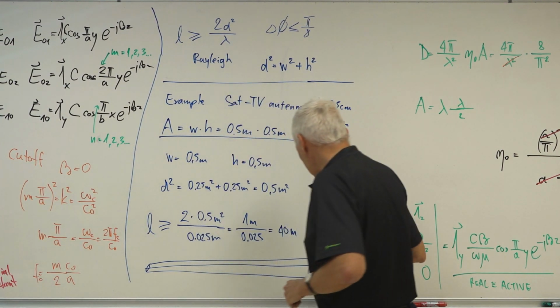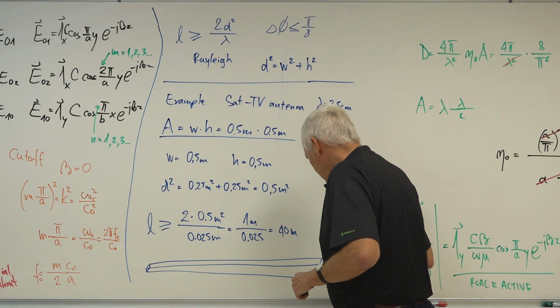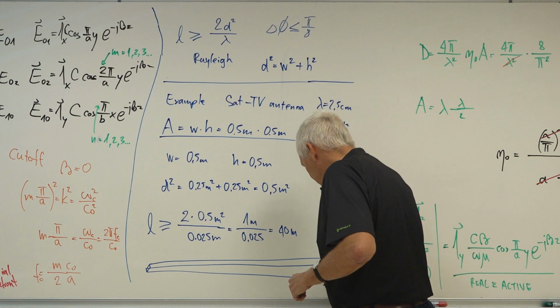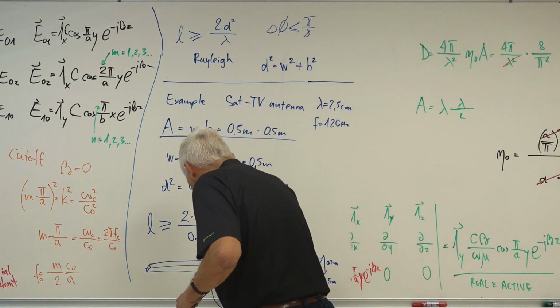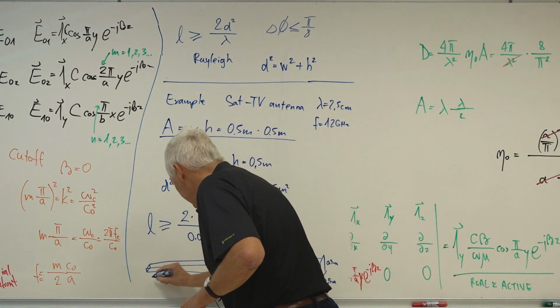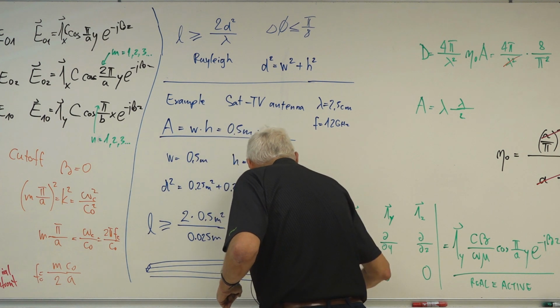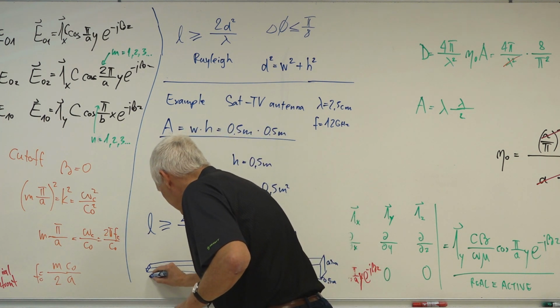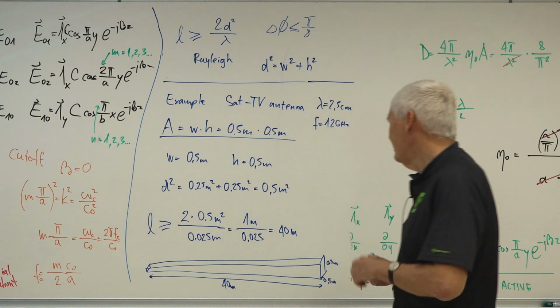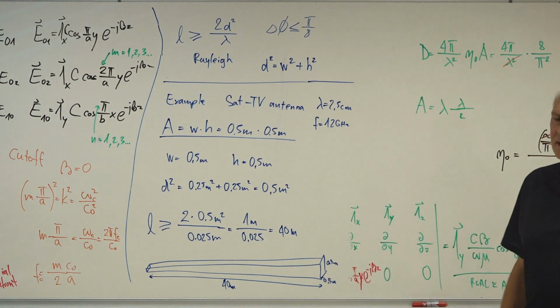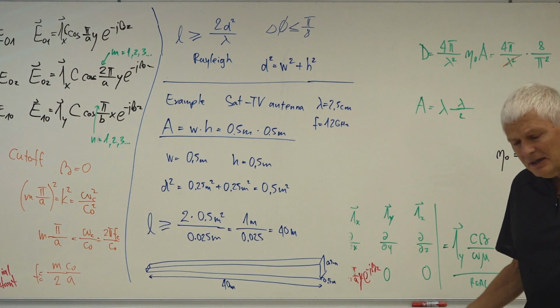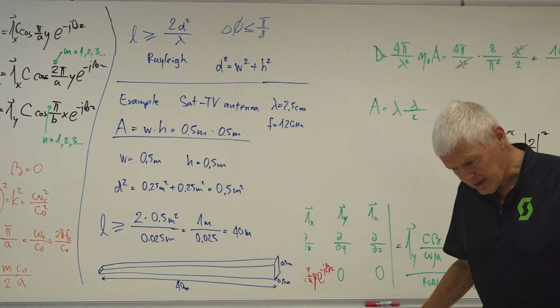But this horn that has half a meter aperture times half a meter should be here 40 meters long. This is not a practical antenna. It works. Everything in the theory is okay.